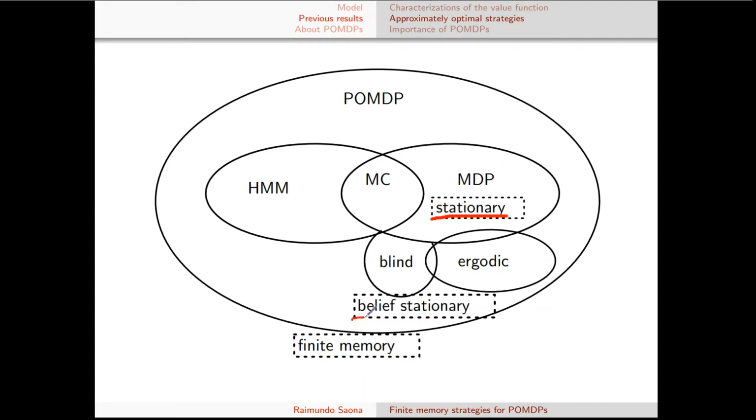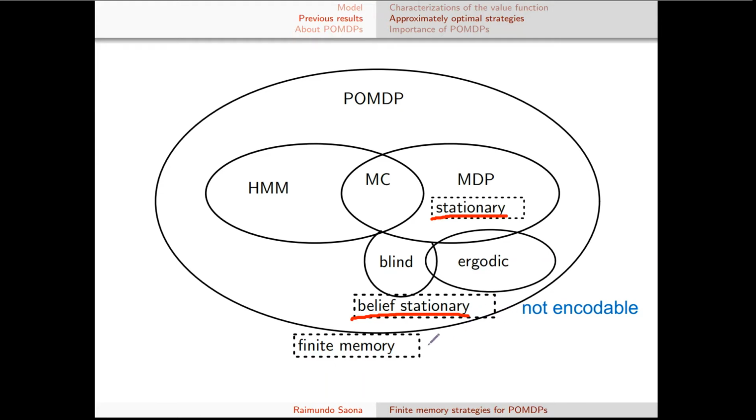Belief stationary strategies are enough for blind MDPs or POMDPs with an ergodic structure. Note that belief stationary strategies cannot be encoded in a computer since they depend on the current belief obtained at each stage using Bayes' rule, and there are infinitely many possible beliefs.